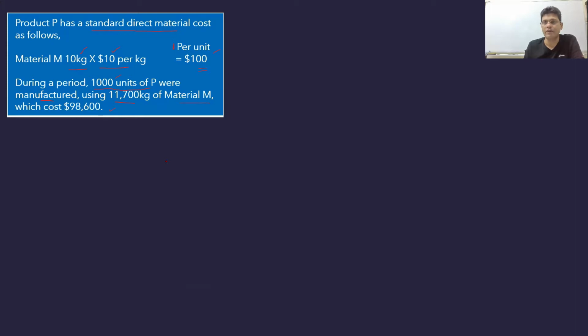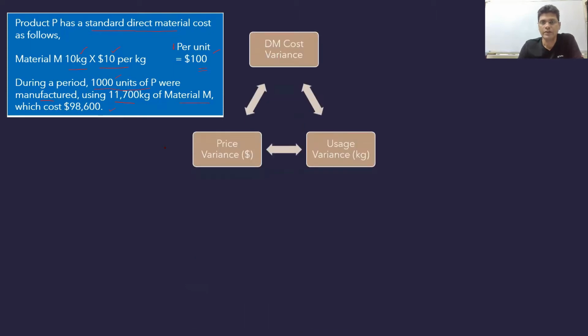Now basically I told you the total direct material variance or direct material cost variance consists of two types of variances. What are those? Price and usage variances. So direct material cost variance or the total variance consists of price variance and usage variance.